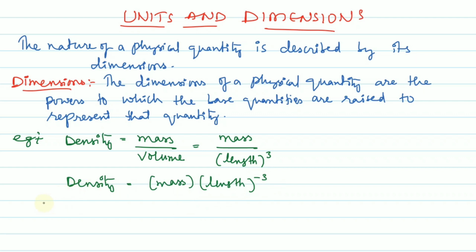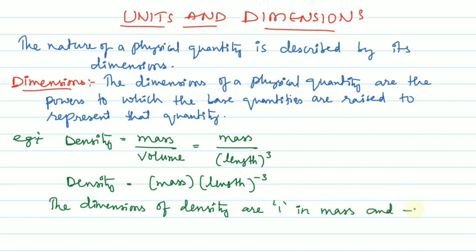So we can say that the dimensions of density are 1 in mass and -3 in length, right?